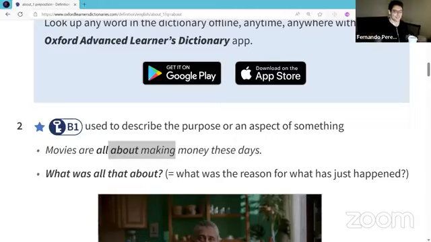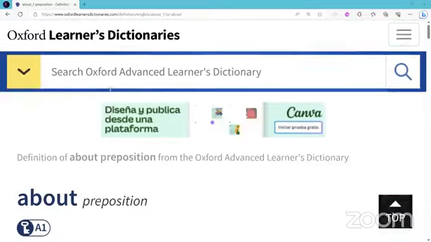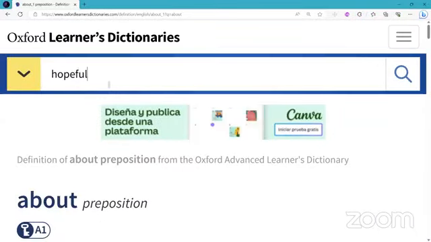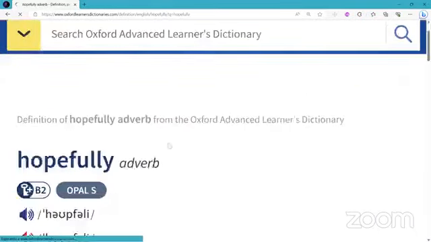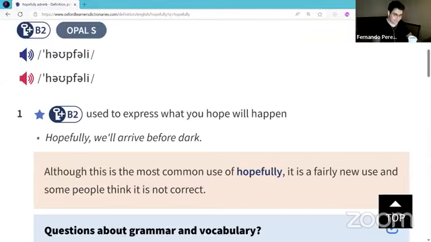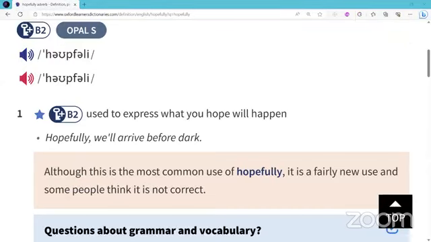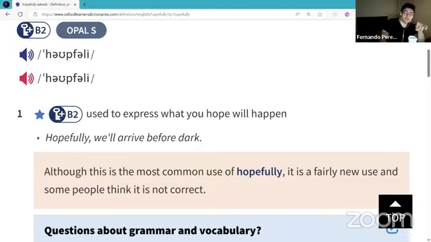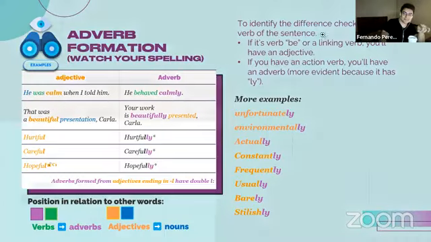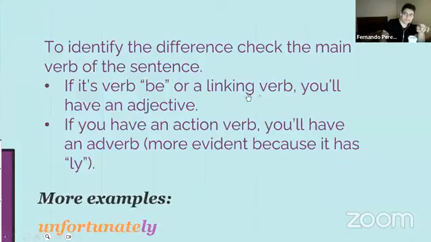That's it. We have hopeful. In the same example, Carlita, use the word hopefully. I hopefully feel. Feel. Oh, okay. The word feel is a linking verb. Feel, smell, the verb be.